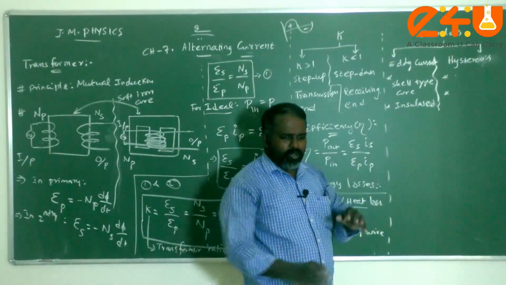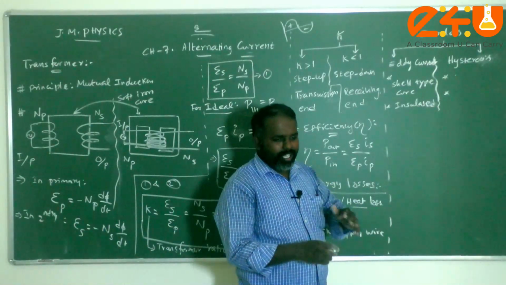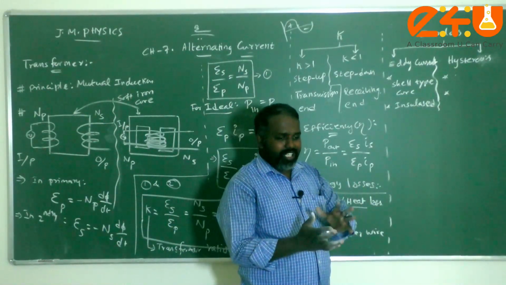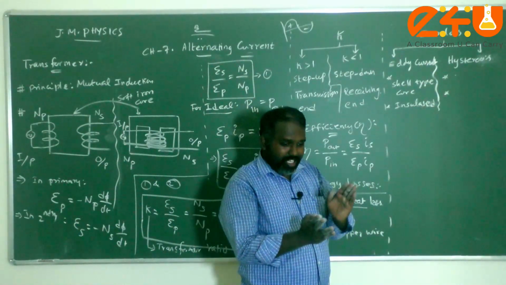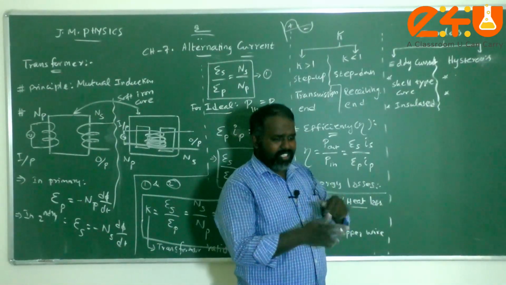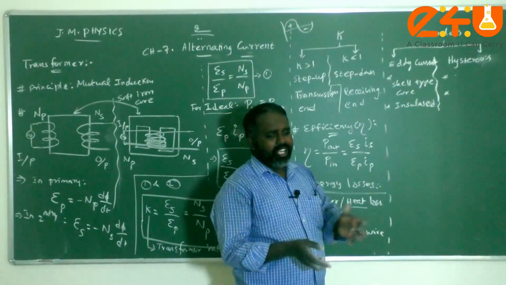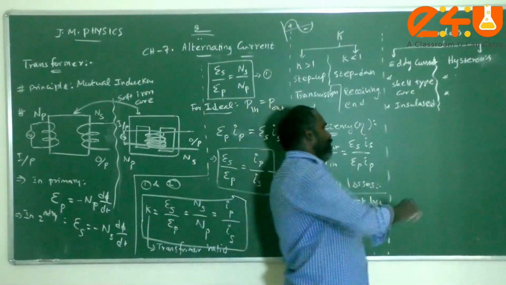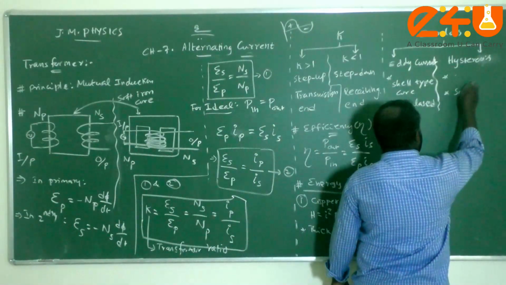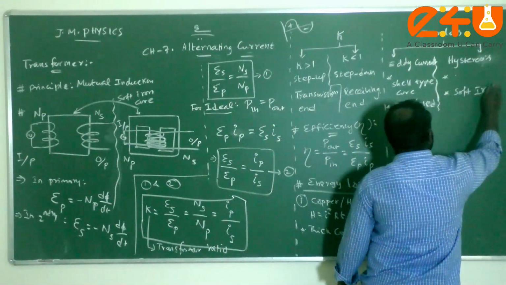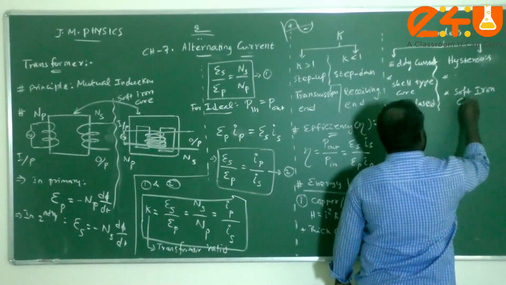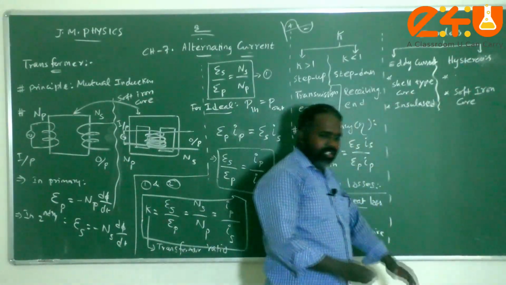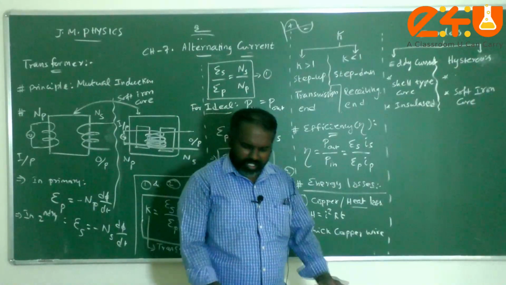To reduce the hysteresis loss, we need to select a material whose hysteresis curve is very narrow, because energy loss is directly proportional to the area of the hysteresis loop. Therefore soft iron cores are used, whose hysteresis curve is very small.